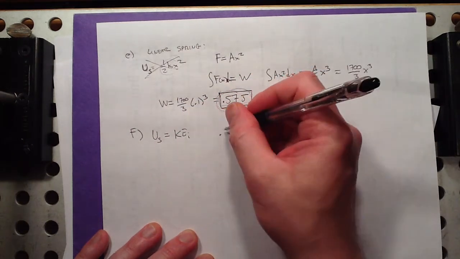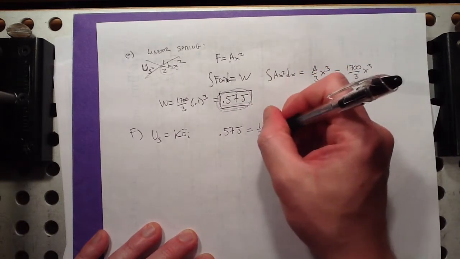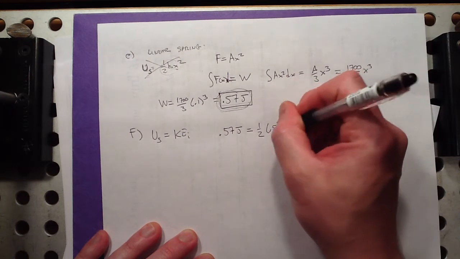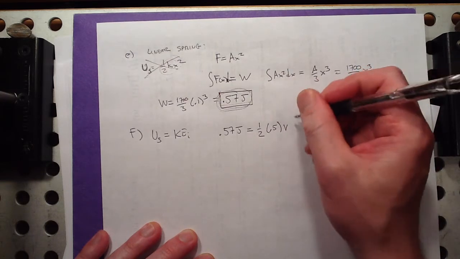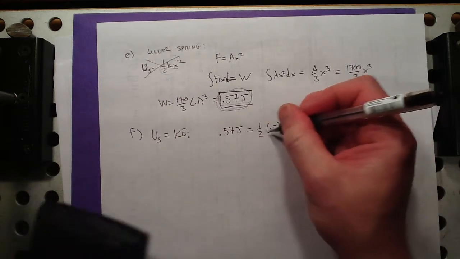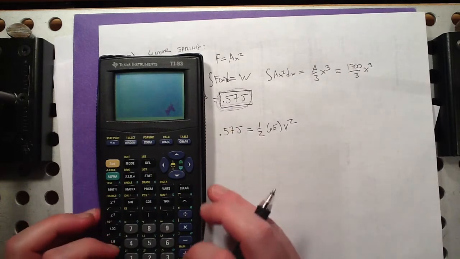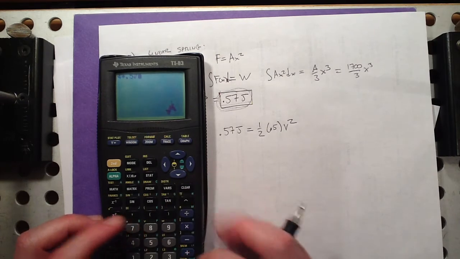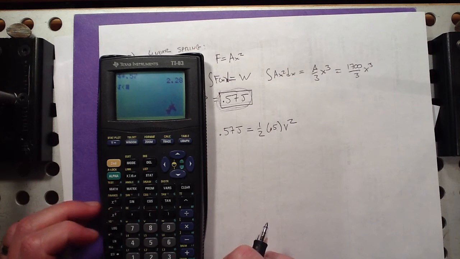So 0.57 joules must equal 1/2 times the mass of the cart, half a kilo, times its velocity before it hits the spring, squared. That's a half times a half, so multiplying over to the other side, it's 4 times 0.57.